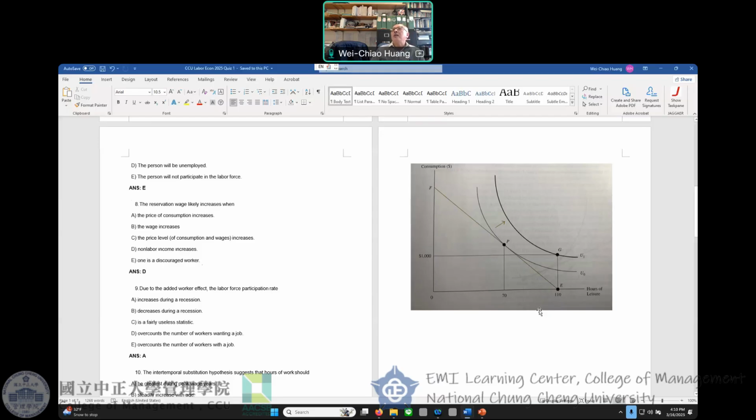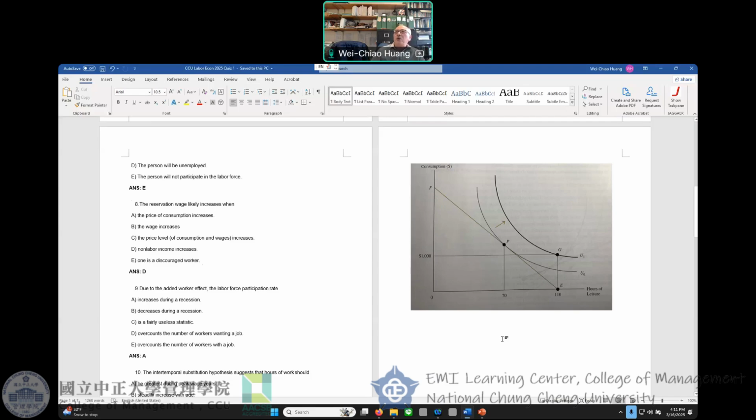Once the person decides to work, even for 1 hour, even for 2 hours, the person's back to that budget line because the person received zero from the government. That's a very bad incentive scheme. It's very much disincentive. So that's the gist of that picture or that analysis.